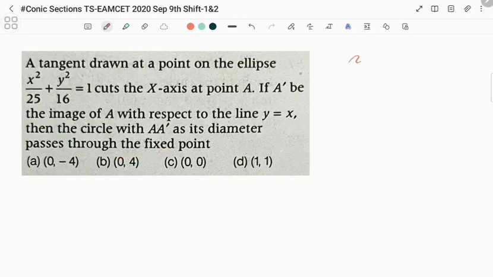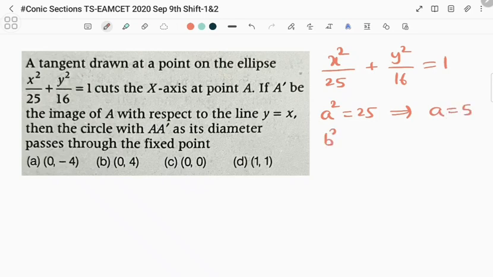So first, ellipse equation x square by 25 plus y square by 16 equal to 1. So a square is equal to 25, that implies a is equal to 5. b square is equal to 16, that implies b is equal to 4.